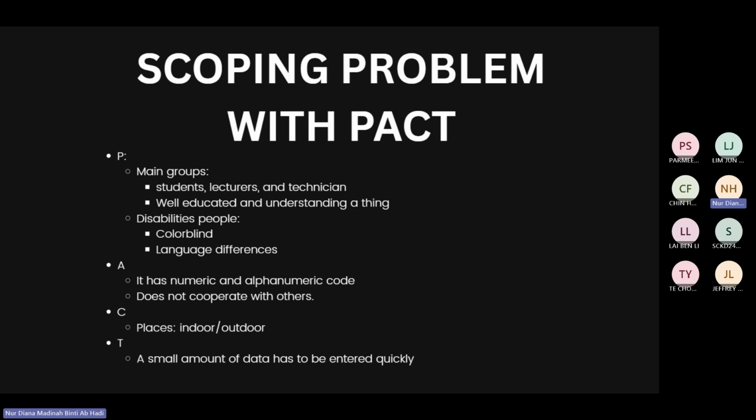So all of these people are well educated and understand things. Then we are going to have a few people with disabilities, for example, colorblind, or people that have a language barrier. For example, you can only speak Chinese, but you cannot speak Malay. So those would be the examples.